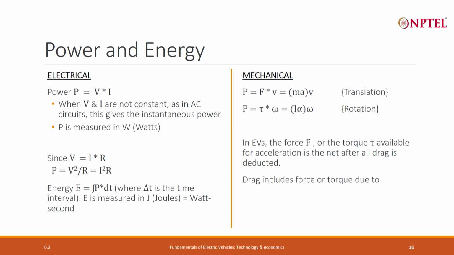So, I will not go into that in detail. There is rolling resistance, there is air drag, and there is a drag associated with climbing a gradient. After all of this, whatever is the residual torque that is available, that is what contributes to the acceleration.